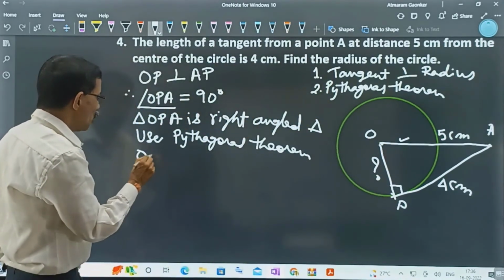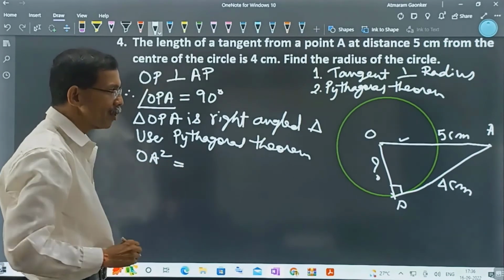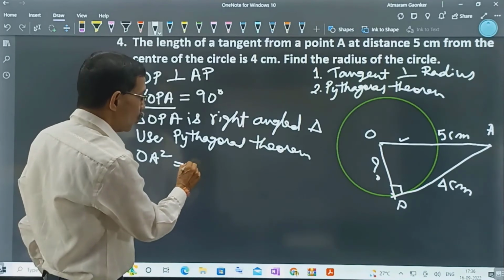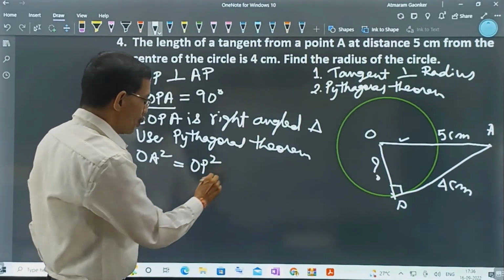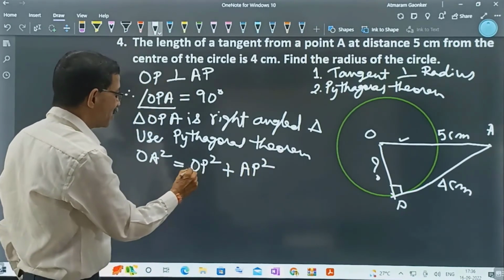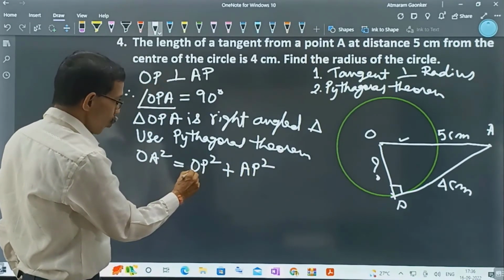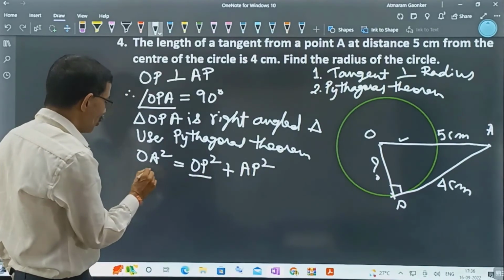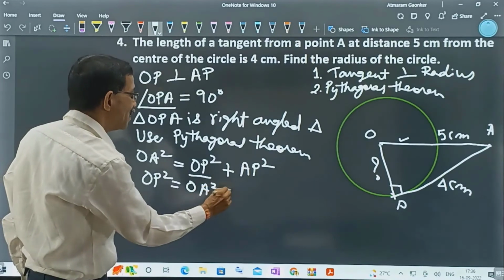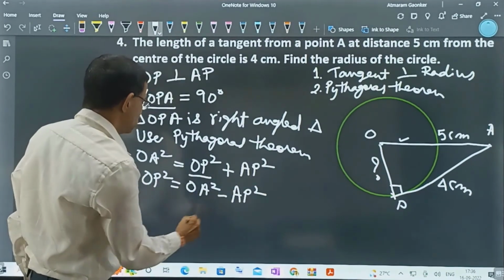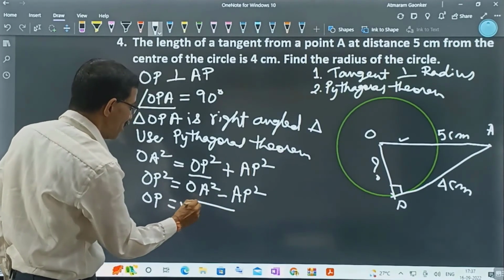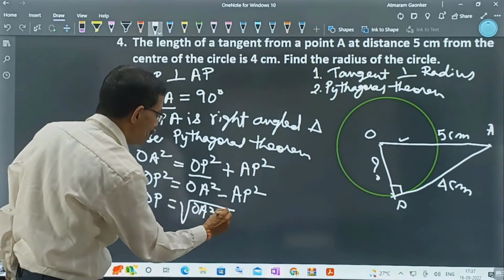So I will write OA square is equal to the sum of the squares of the other two sides. Other two sides are OP, so OP square plus AP square. And we are interested in OP. So I will keep OP on one side. So OP square will be equal to OA square minus AP square. So OP will be equal to square root of OA square minus AP square.